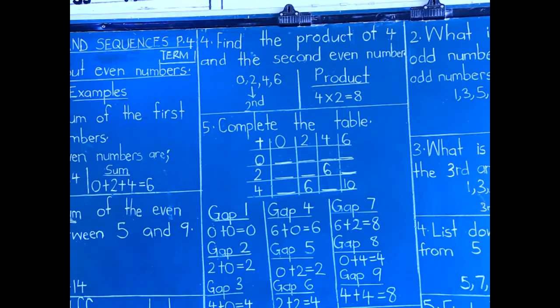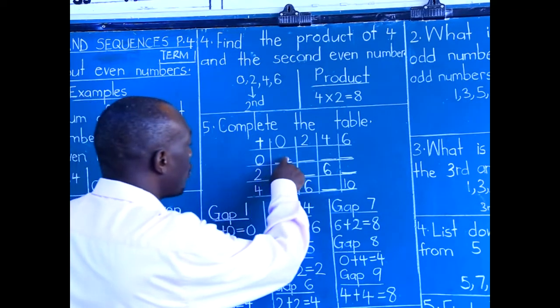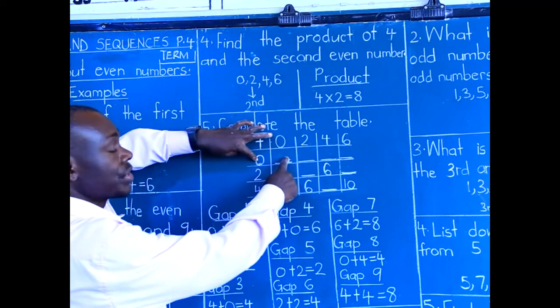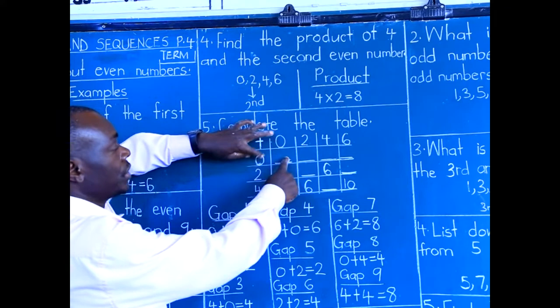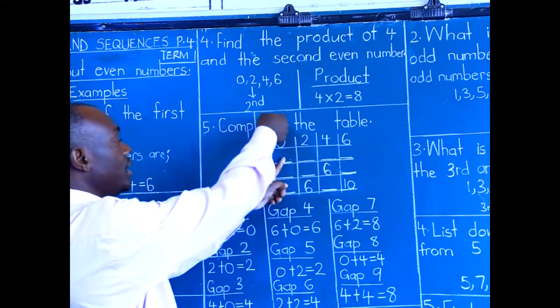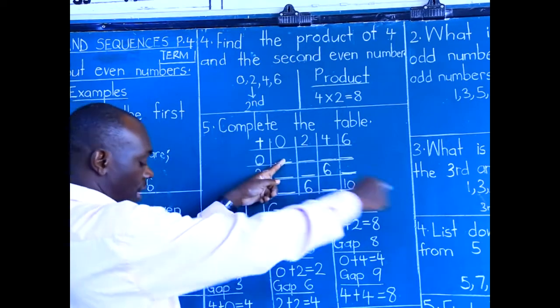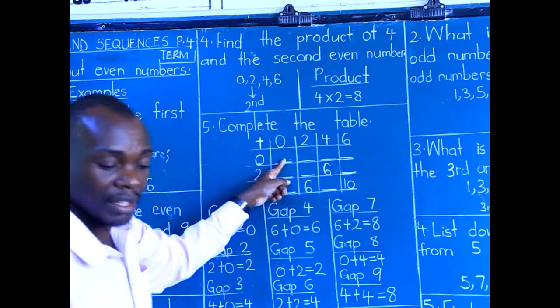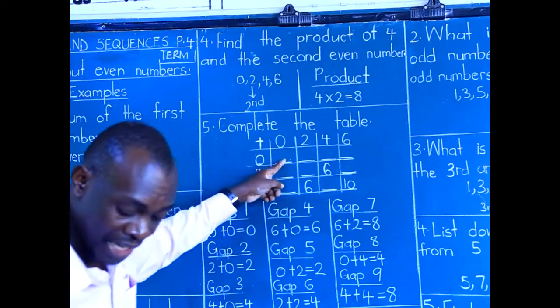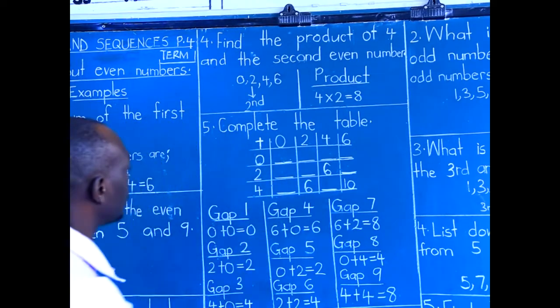We are going to work out those gaps in addition. Now this gap 1, you will see that on top we've got 0 and across we've got 0. So this gap is got when you add 0 to 0. So we are going to fill this gap by adding 0 and 0.